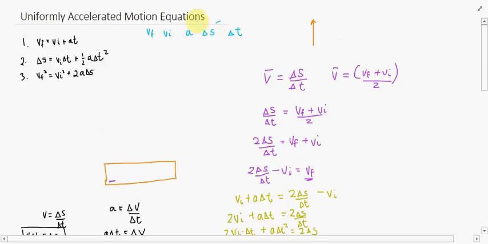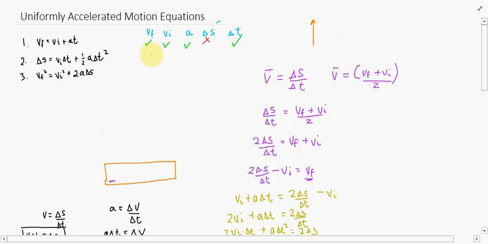Okay, so you'll see this first equation accounts for Vf, absolutely. It accounts for Vi, it accounts for a, and it accounts for t, but it doesn't have a Δs. Okay, second equation.